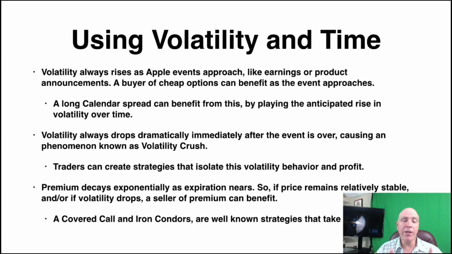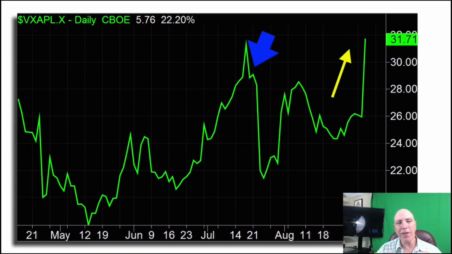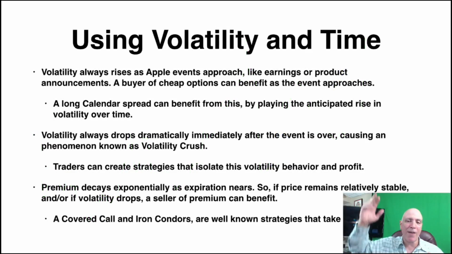Now, volatility also, conversely, always drops dramatically immediately after the event is over, causing a phenomenon known as volatility crush. There are so many people out there that may have put a long call on, expecting their long call to take off after Apple takes off after good earnings.